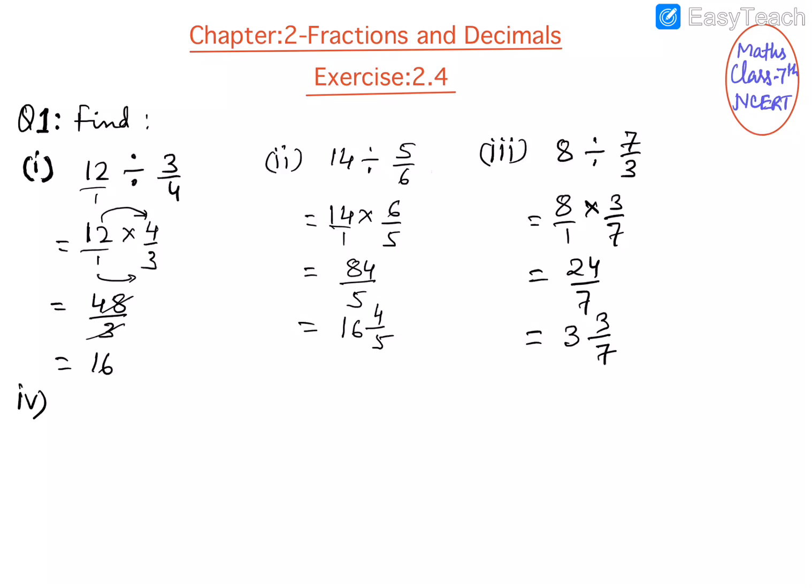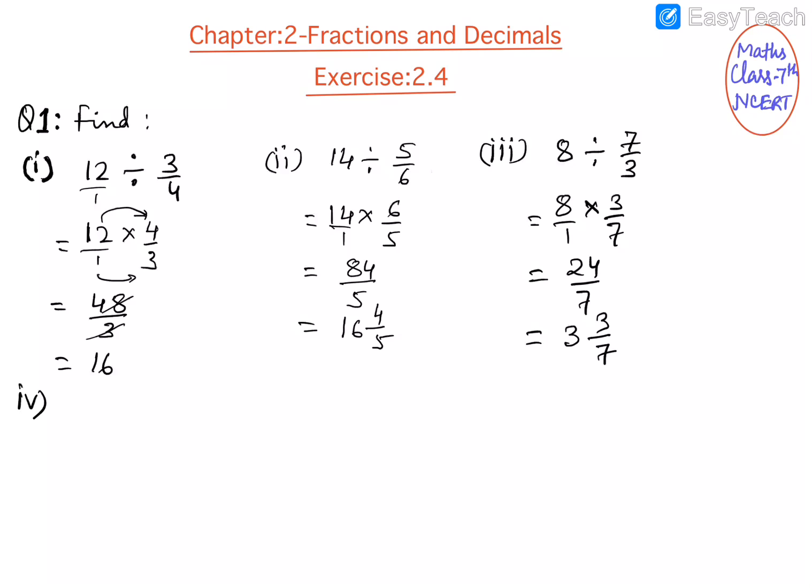Find 12 divided by 3 by 4. Here 12 is the dividend and 3 by 4 is the divisor. This is a whole number and this is a fraction. So this is a case of division of a whole number by a fraction.